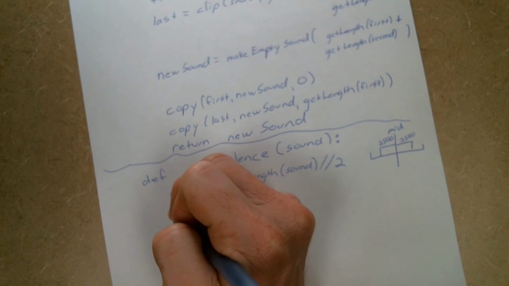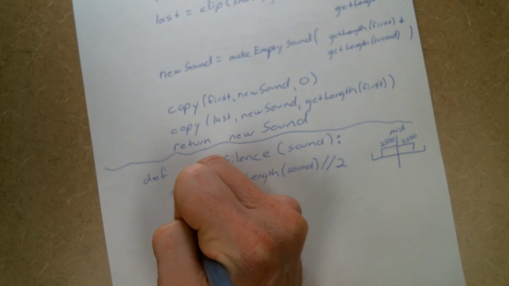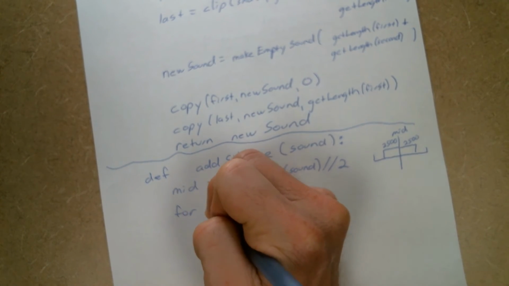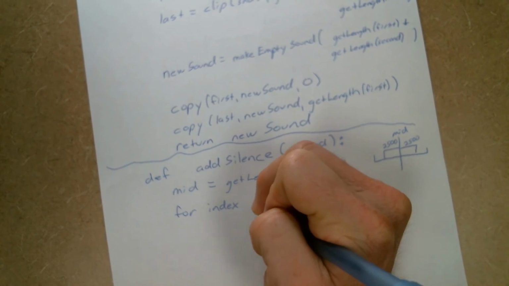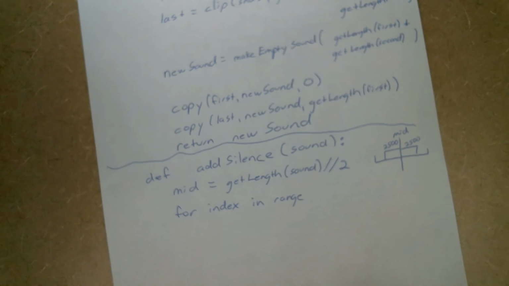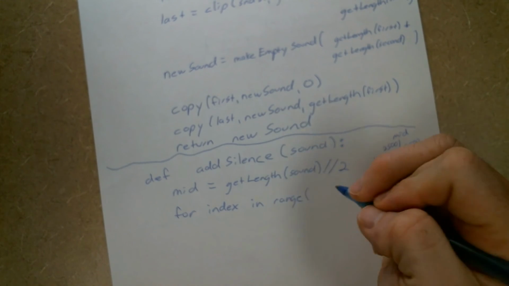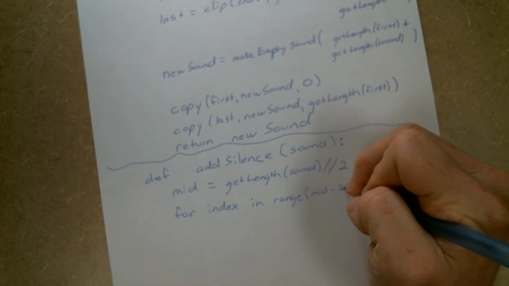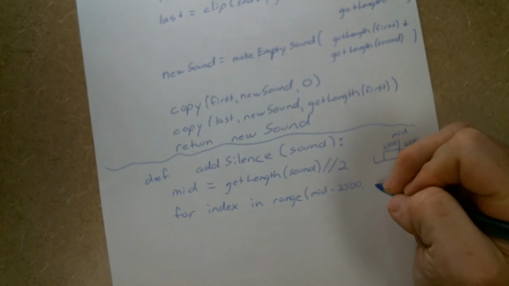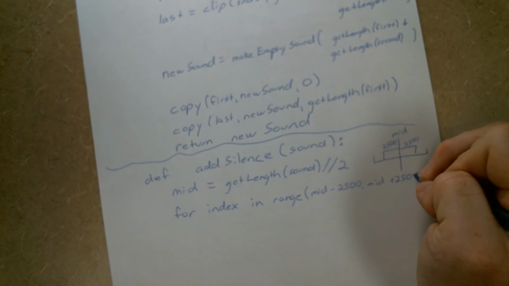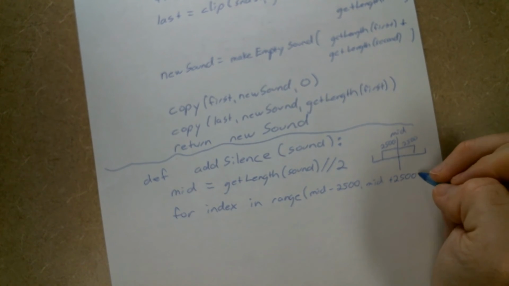So I can set up my loop: for index in range. And the range that I'm going to do is mid minus 2,500 to mid plus 2,500.